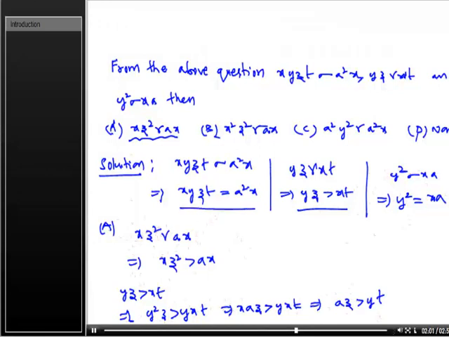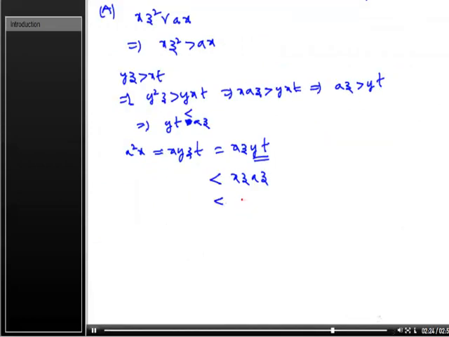Now consider this equation. A square X is equal to XYZT. That is equal to XZ YT. But YT is less than AZ. Therefore, definitely this has to be less than XZ AZ. That is less than X AZ square.